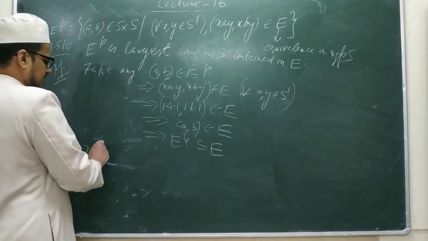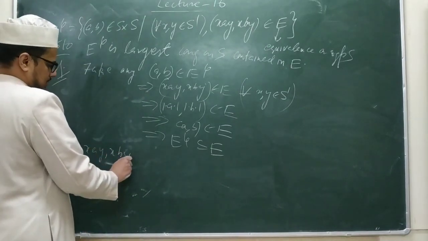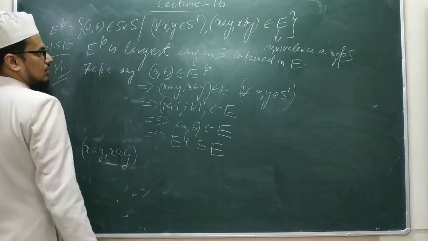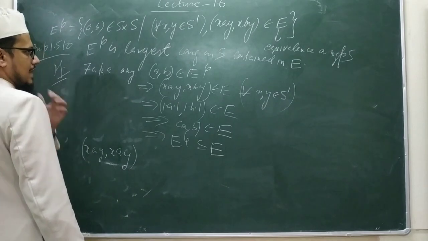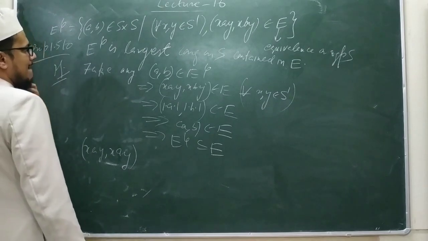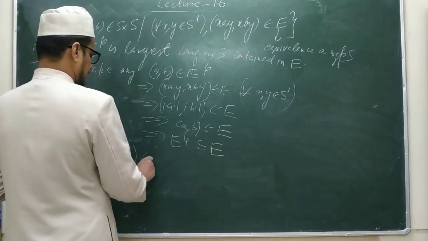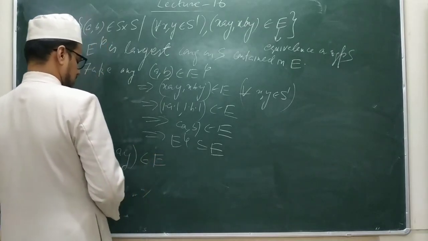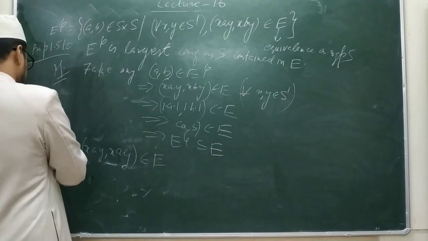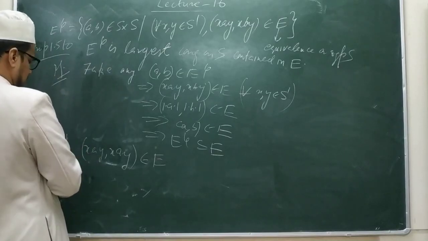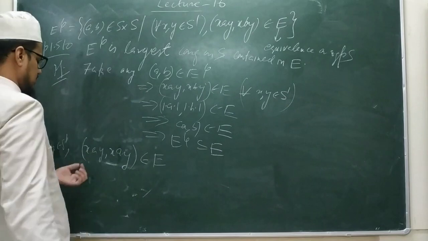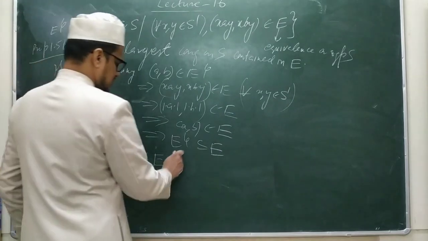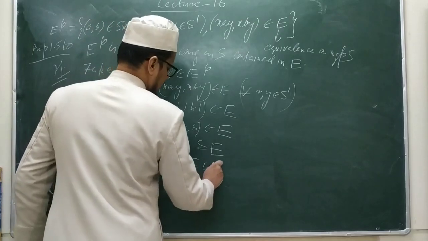You see XAY comma XBY, XAY comma XAY belongs to E for every X, Y belonging to S1. XAY comma XAY belongs to E, since E is what? Reflexive.